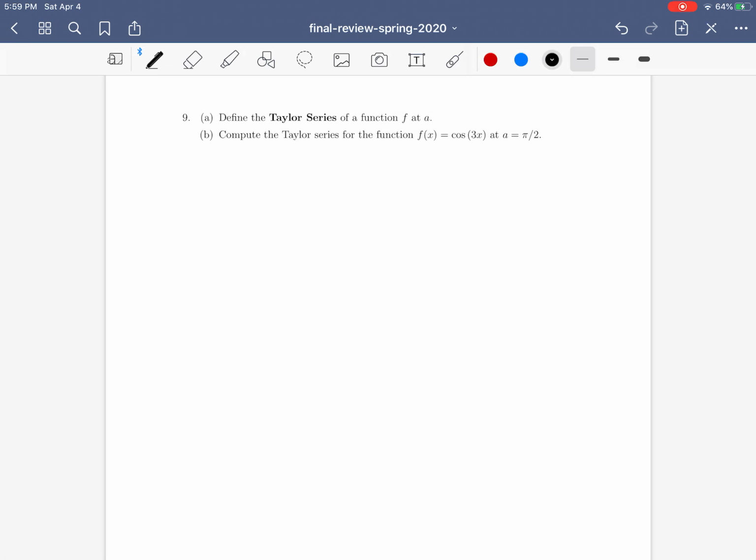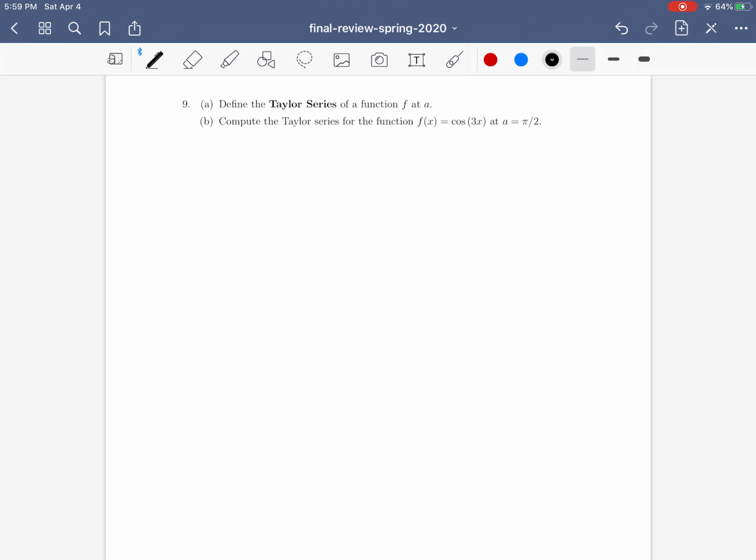And we move on to our penultimate question here, and our last question about series. And what we're going to discuss in this penultimate question is Taylor series. Okay, so Taylor series were pretty much the last topic that you saw in lectures. So I'm going to go through this relatively quickly. So in this question here, we're asked to first define the Taylor series of a function f at a.